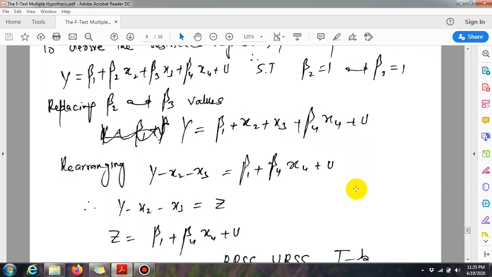So, without slope coefficients, these variables are subtracted from the dependent variable. Now we have y minus x2 minus x3 is equal to beta 1 plus beta 4 x4 plus u.